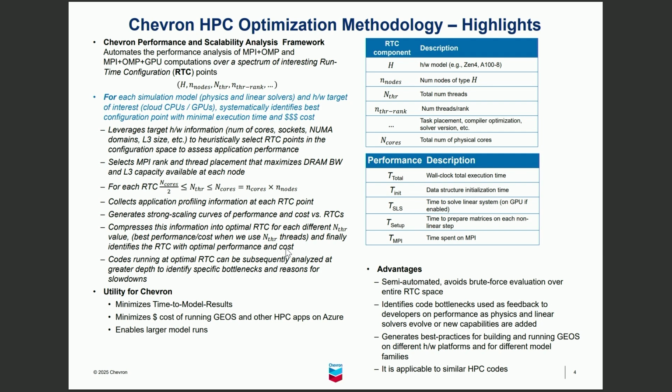H is the type of the hardware model, AMD CPU or some GPU, and how many cores you have, how much memory, the L3 cache and so on. Then also how many total threads I want the code to have, and the thread count is the number of MPI ranks times the number of threads per rank.